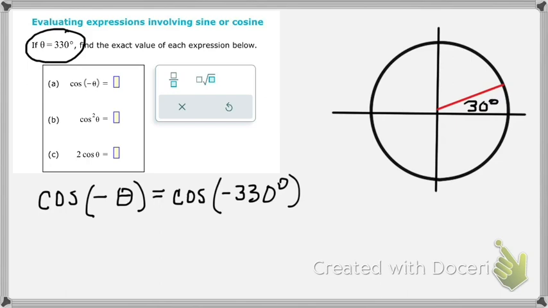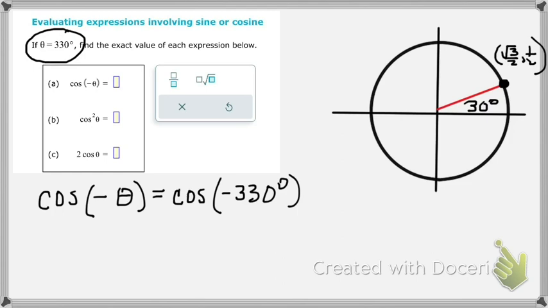So I know that this angle in here is 30 degrees. And that means that this point here has the xy coordinates of rad 3 over 2 and 1/2. And if you work with a unit circle enough, you would know that. Or if you knew how to use special triangles from trigonometry, you could figure it out. At any rate, I've got the cosine of negative 330 degrees that I'm being asked for.